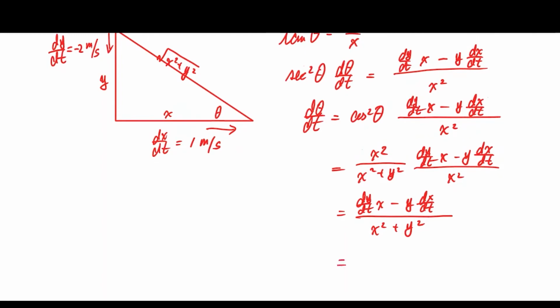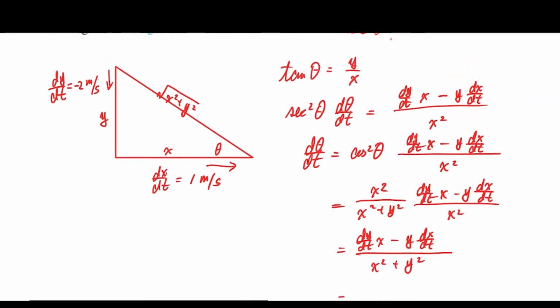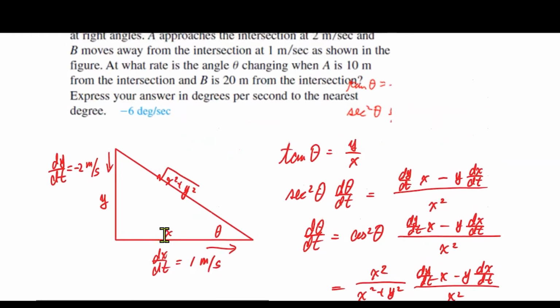So what is the dimension? So x is... So this is 1, so dx/dt is 1. And then this is -2 right here. And then when A is 10 meters away, so this is 10. And B is 20 meters away, so this is 20.